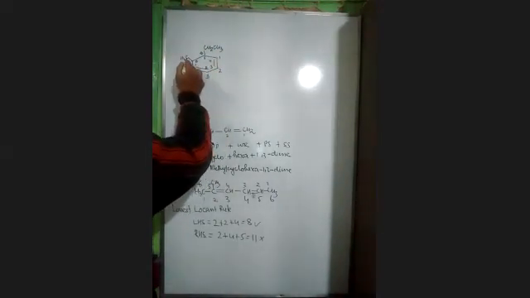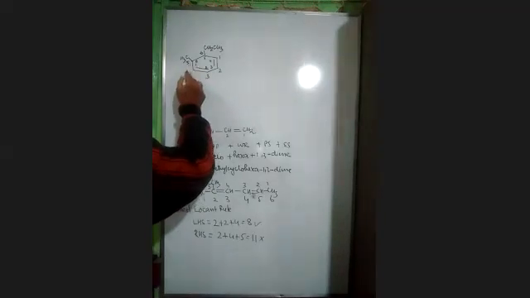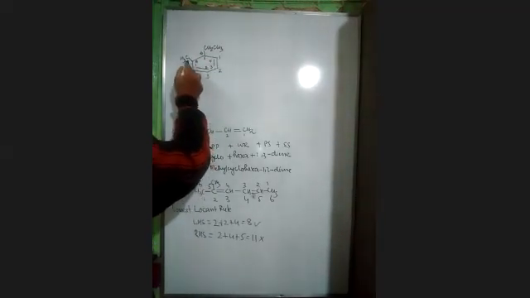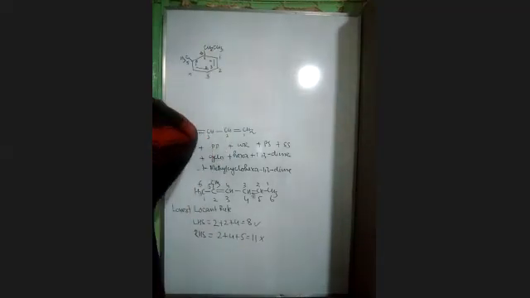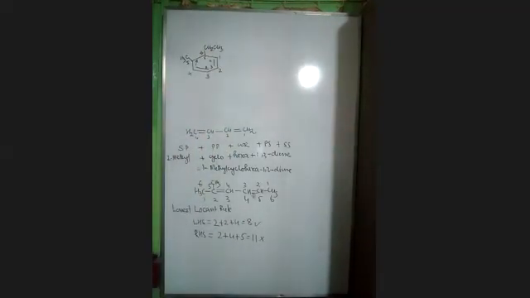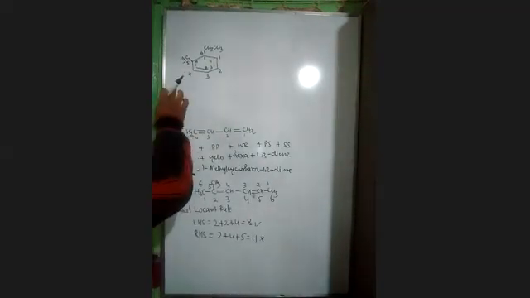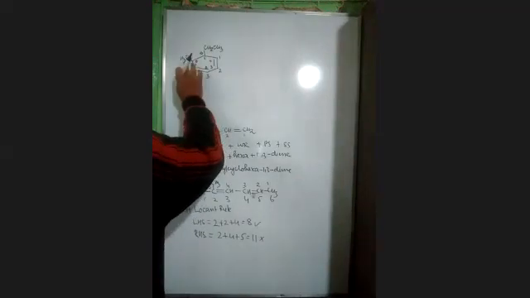If I go numbering like this, then I get methyl on the fifth carbon. If you go from the other way, the fifth carbon is ethyl. So alphabetically, which one comes first? Alphabetically, ethyl will come first. So the numbering will be done from here to this side.